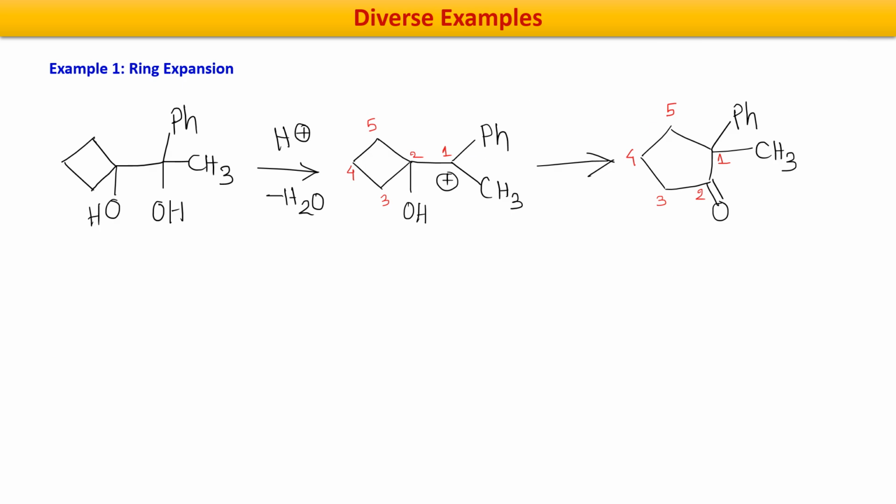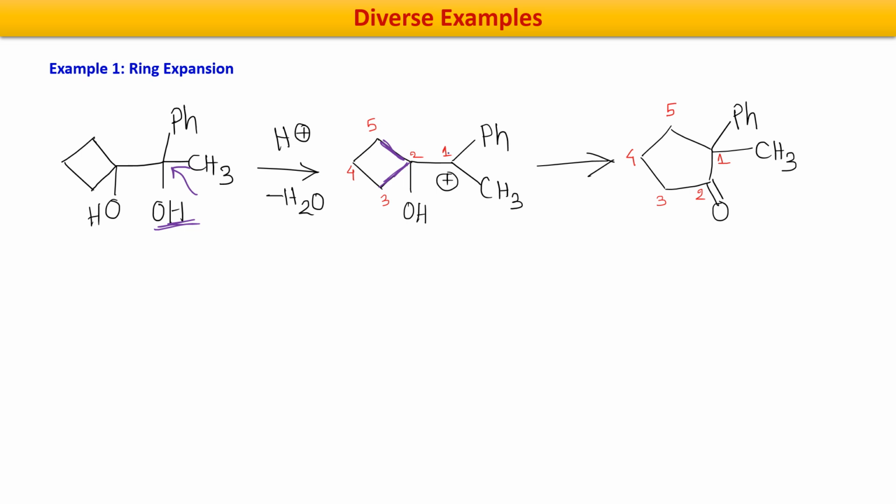The first example you can see here, we will see some ring expansion. Though one ring expansion we have already seen, let's see another example. So here, which side will we get the carbocation? Obviously this right hand side. So this OH will be removed in the form of water molecule. Now there will be bond migration. As you can see, you can either migrate the 2,3 bond or you can migrate the 2,5 bond, both are actually the same thing.